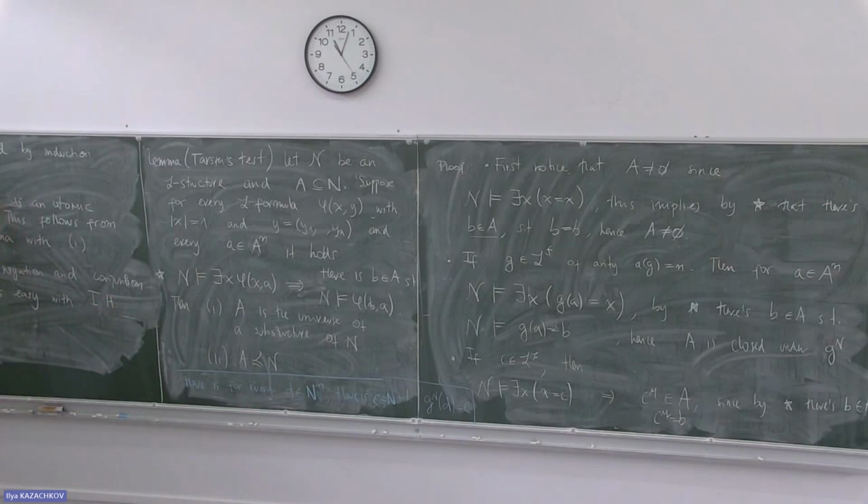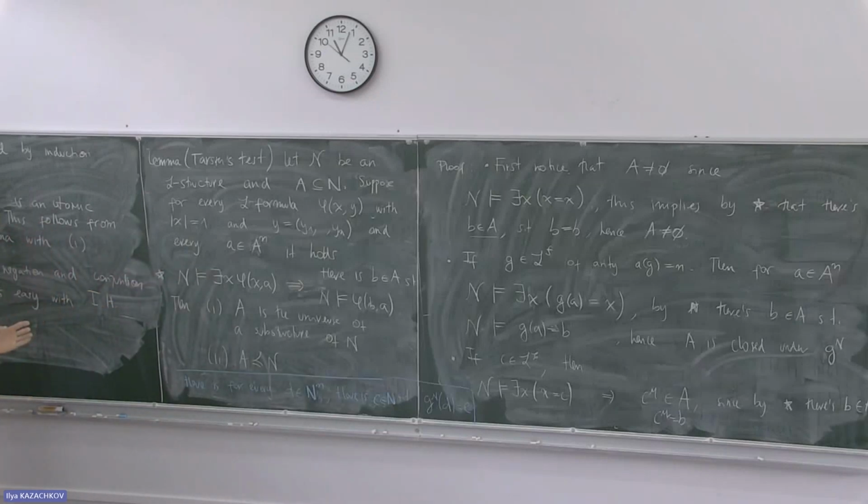This is a direct application of the induction hypothesis to the formulas, let's say psi1 and psi2. You get directly that both the conjunction and the negation are going to be preserved, right? Really a two-line proof.